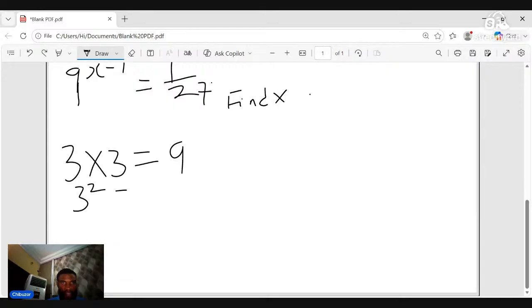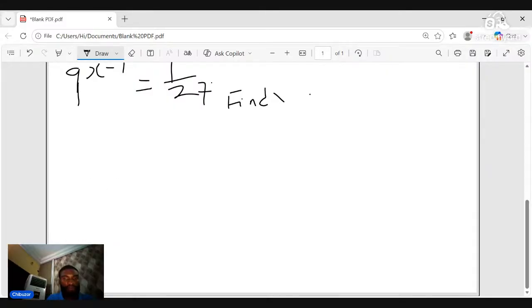So with that knowledge, we can now say 3 raised to power 2, in bracket x minus 1.